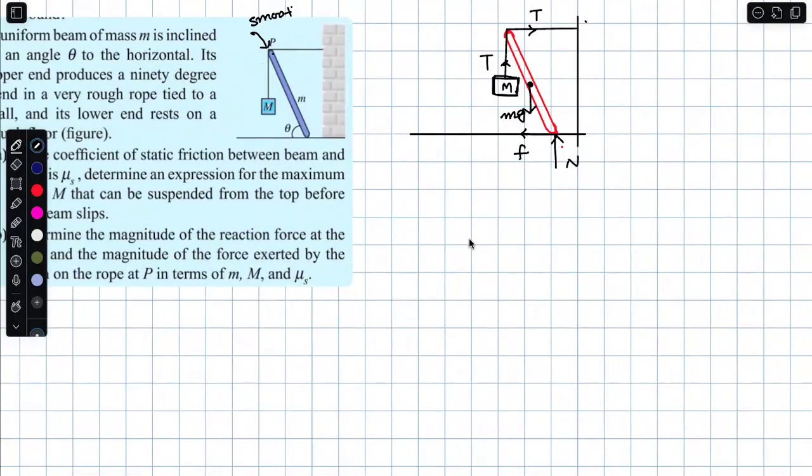Now, let us take sigma F for the rod. For the rod, sigma Fy is equal to 0. What are the upward forces? One is a normal reaction. Others are totally downwards. One is mg, the other is mg.